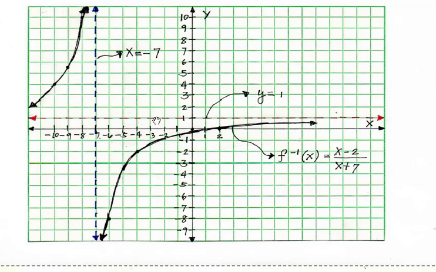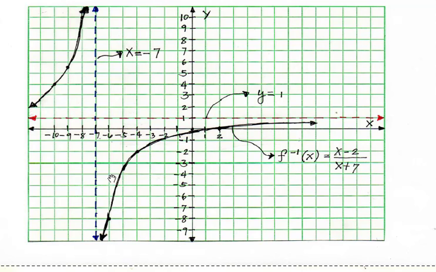Meaning, the graph of the function will just get closer and closer, as you can see on this side here, but it will never touch this blue broken line. On the right part of the graph, it will get closer and closer as it gets to x equals negative 7. From the right, the function is decreasing without bound. That's the proper term.